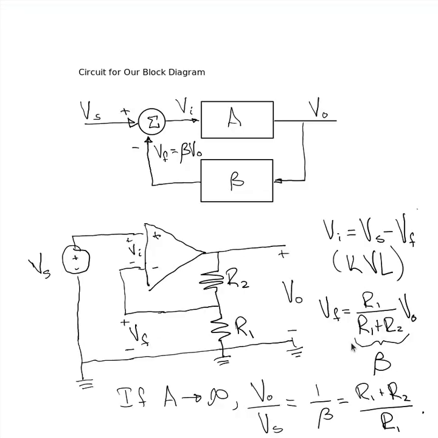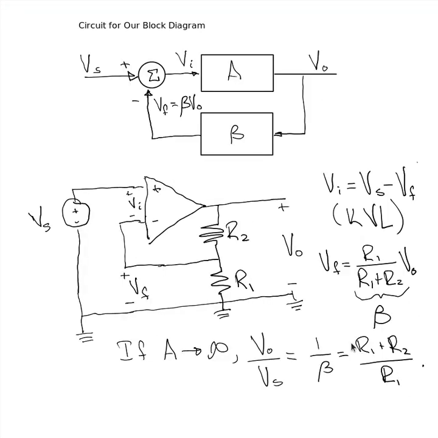So next, let's try and concentrate about how we might take this block diagram, which is doing kind of what we want it to do, and make a circuit that behaves exactly like it does. So let's start with the input part here, the summing part. Vi is equal to Vs minus Vf.